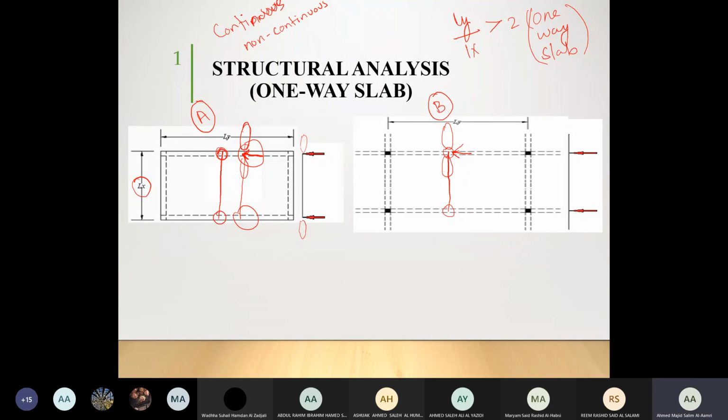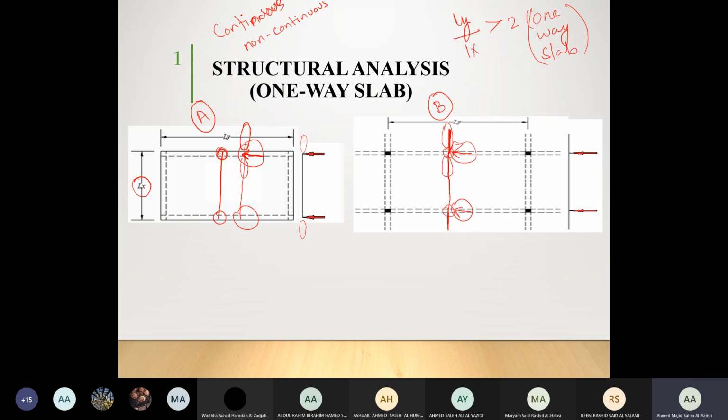Now for the other side, once again there is a support here and another support here, but we have another slab. So in order to represent the slab, we extend a certain portion here and a certain portion there.